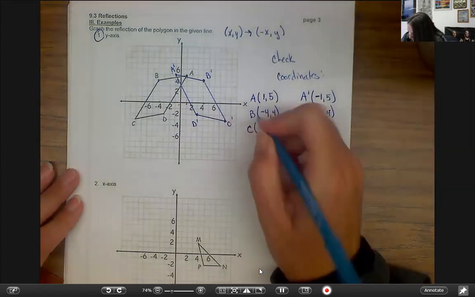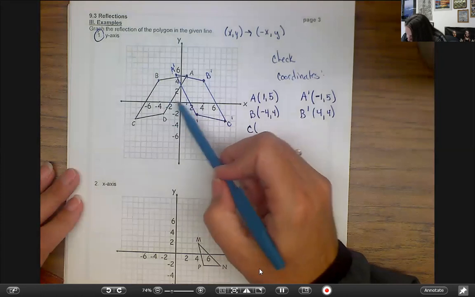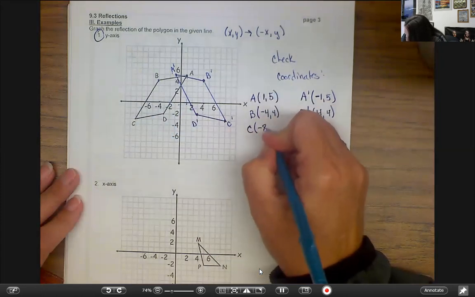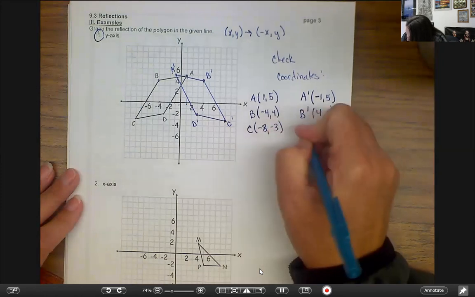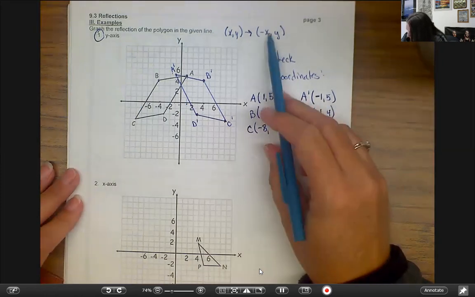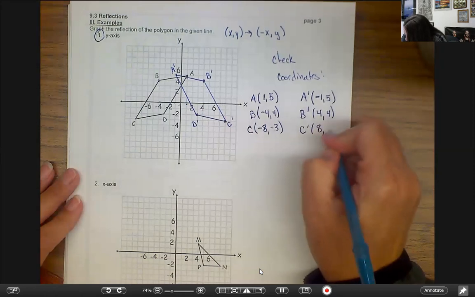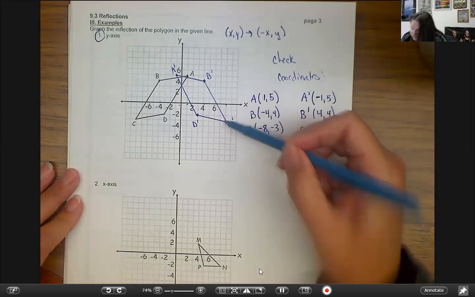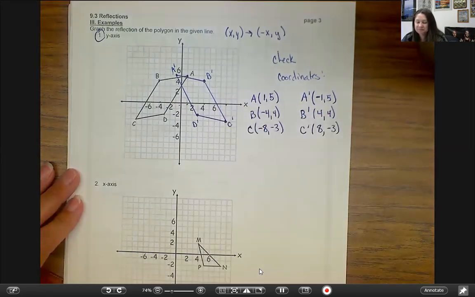Okay, C was located at -8, -3. Again, if I were to change the x coordinate, that should place it at 8, -3. So here's 8, -3 for C prime.